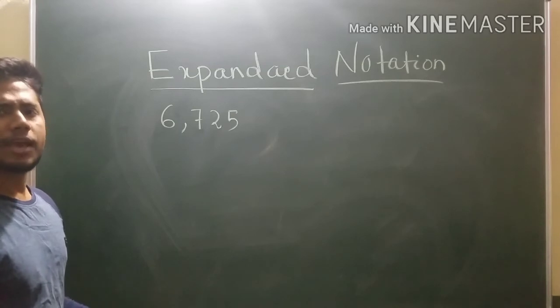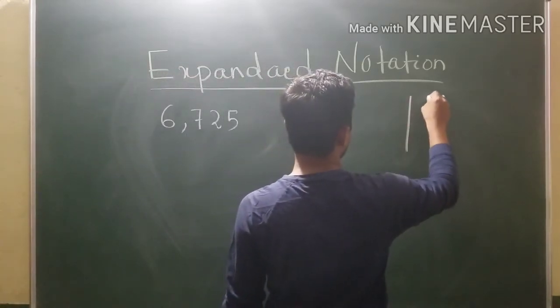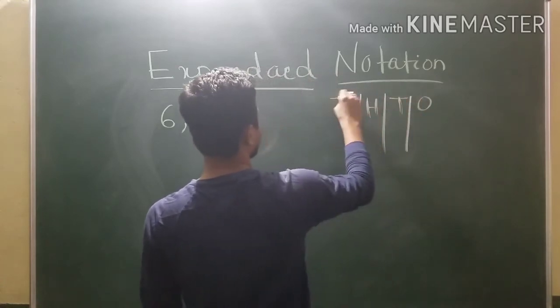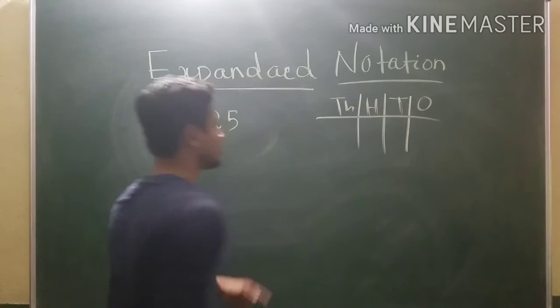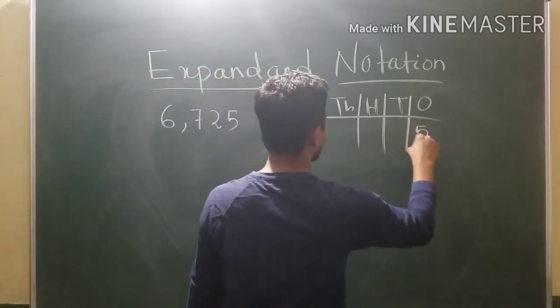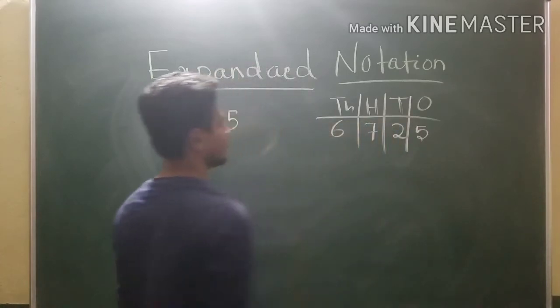The same thing you do here. First make columns: ones, tens, hundreds, then thousands. Then write these numbers according to their place. So here I can write 5, here 2, and here 7, and here 6.